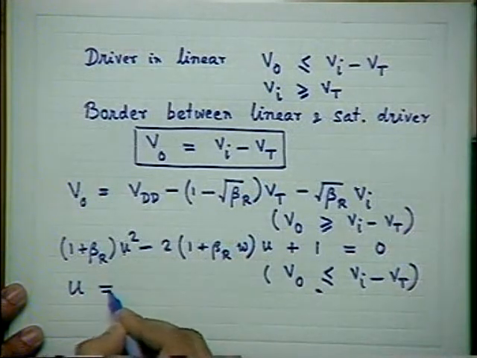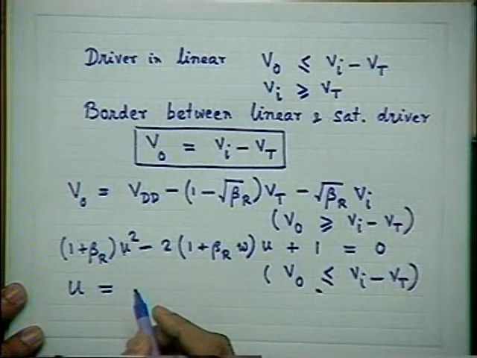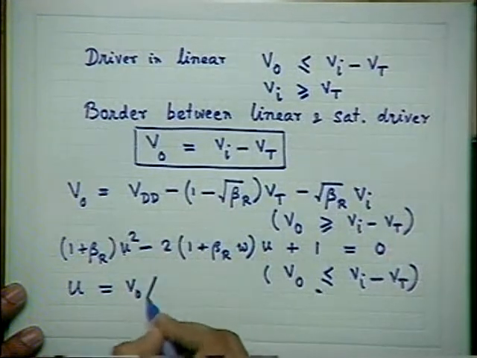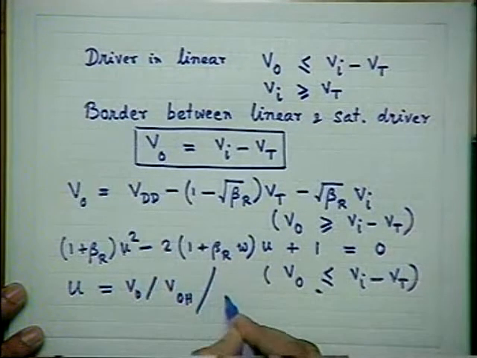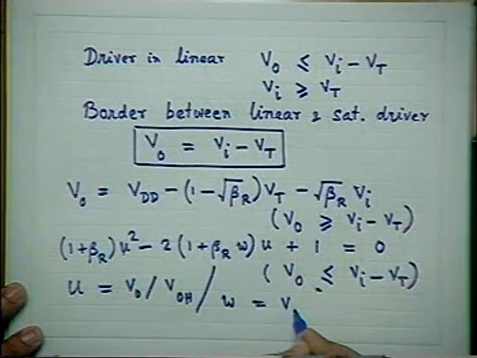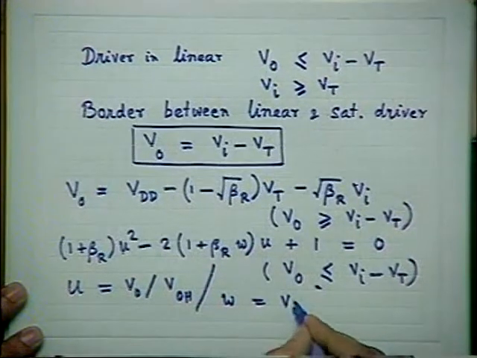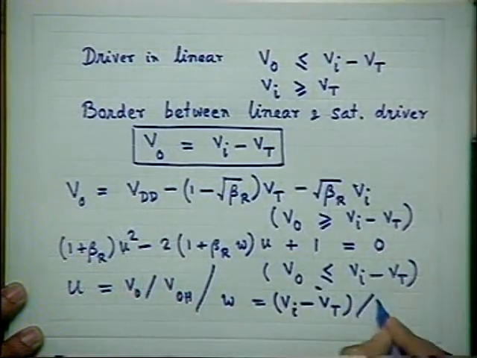So U, as you remember, we defined as VO by VOH, okay? And W was given by VI minus VT divided by VOH.